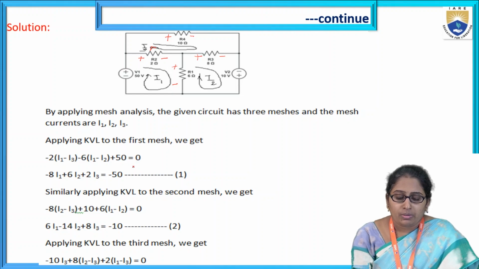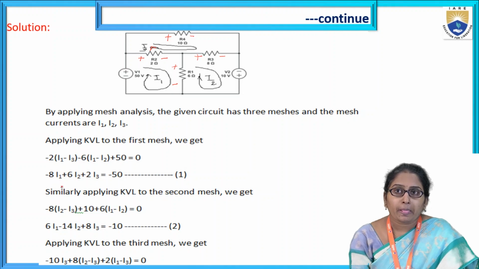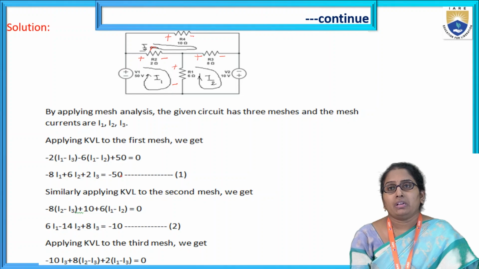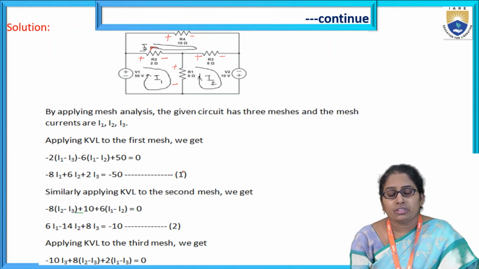That is the first mesh equation, and simplified, it is given by minus 8 I1 plus 6 I2 plus 2 I3 equal to minus 50. That is equation 1.